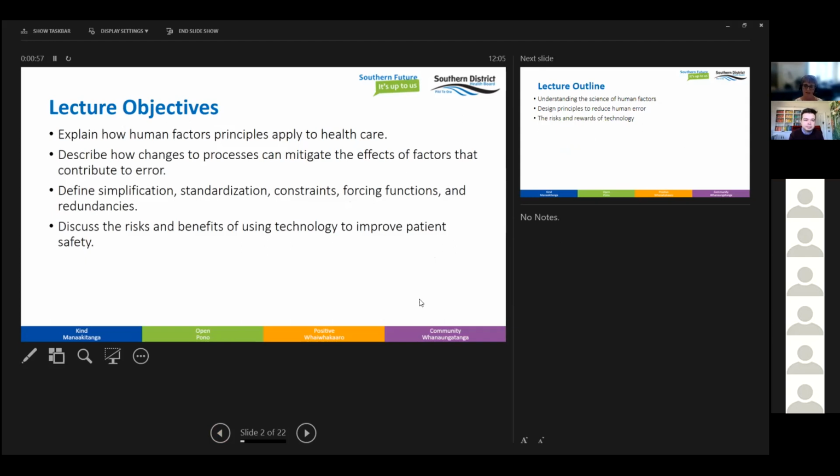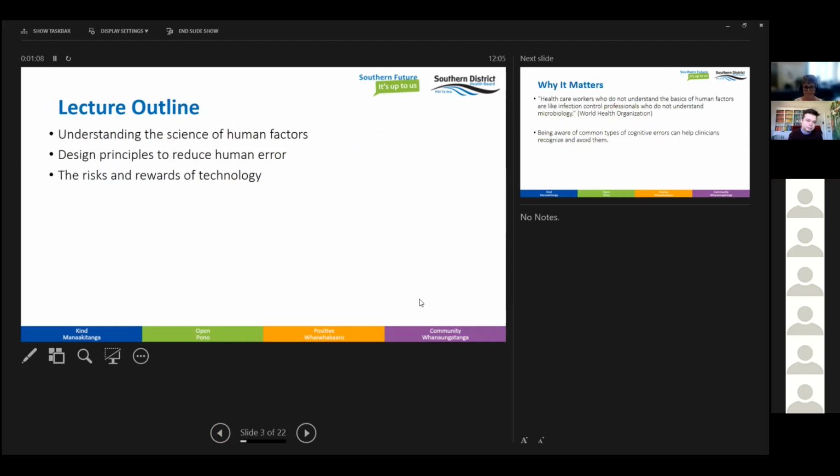Talk about simplification, standardization, constraints, force functions, and redundancies. Discuss the risks and benefits of using technology to improve patient safety. So just as a bit of an outline, I'm going to talk a little bit about the science of human factors, the design principles to reduce human error, and the risks and rewards of technology.